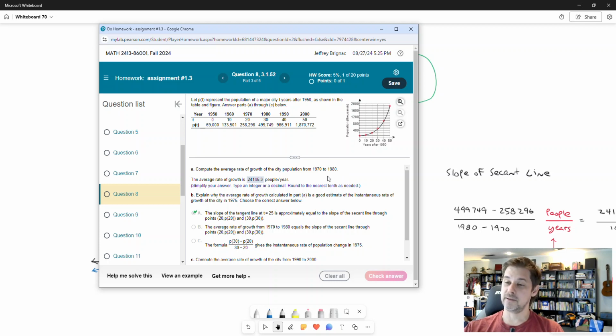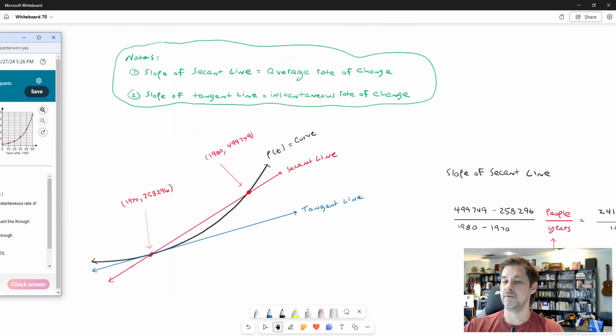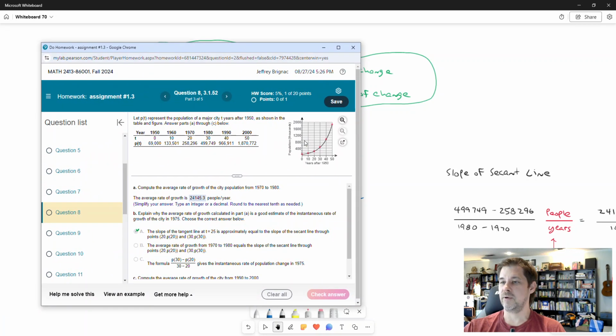Now additionally, I noticed that there's some units specified, people per year. So I included my points as 258,296, for example, as opposed to the way they are over here, because these units are in thousands of people, not in people. Okay, so I'm going to calculate and make sure that I get units of people per year.